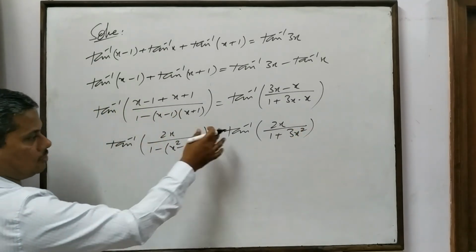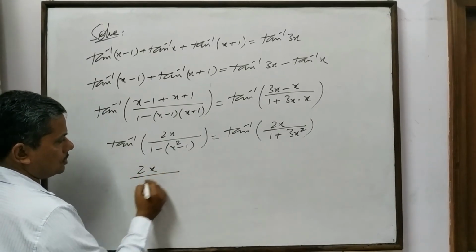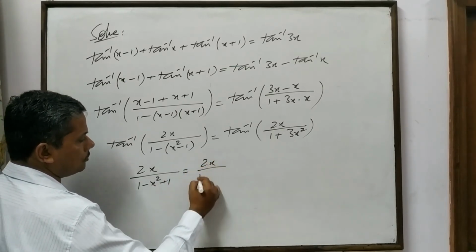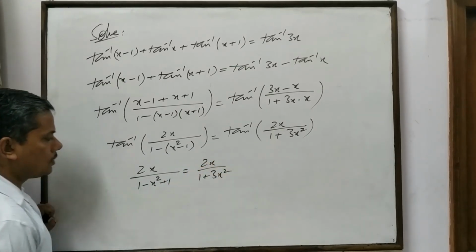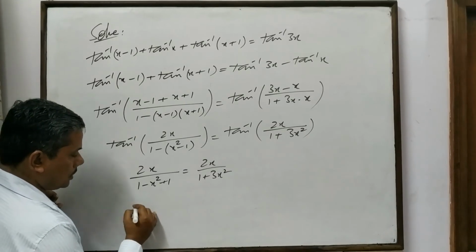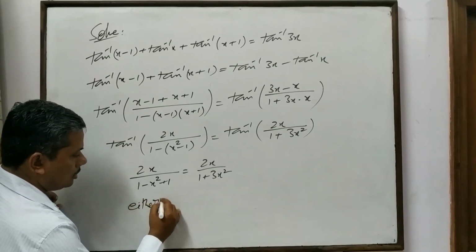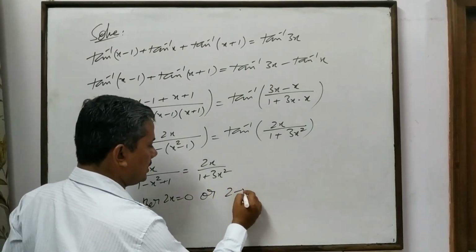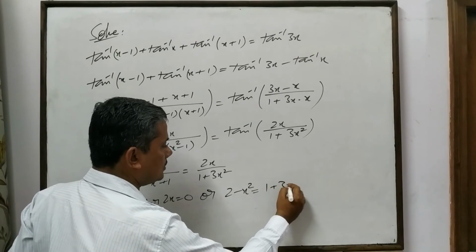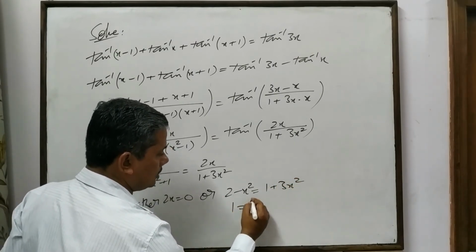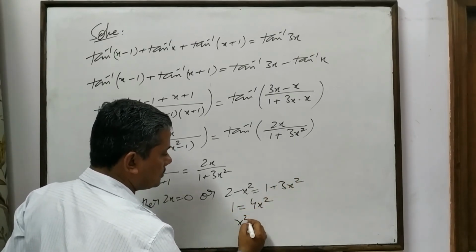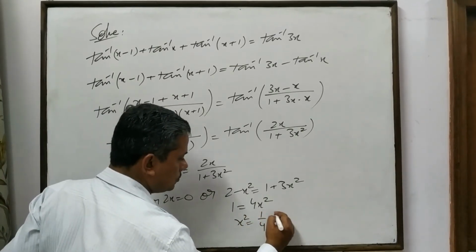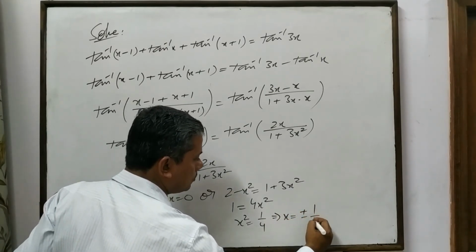Okay, take tan on both sides. So this is 2x upon 1 minus x square plus 1 is equal to 2x upon 1 plus 3x square. Or that will give you either 2x is equal to 0 or 2 minus x square is equal to 1 plus 3x square, or 1 is equal to 4x square, x square is equal to 1 upon 4, or this gives you x is equal to plus minus 1 upon 2.